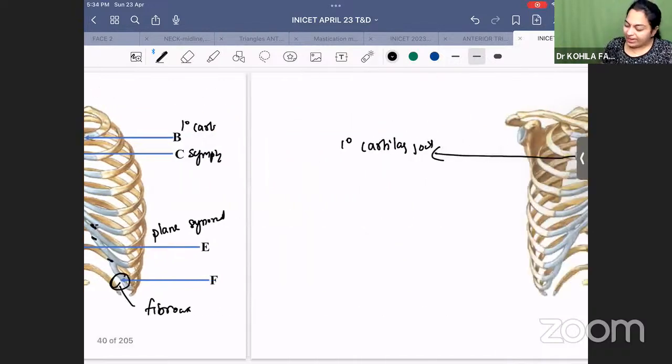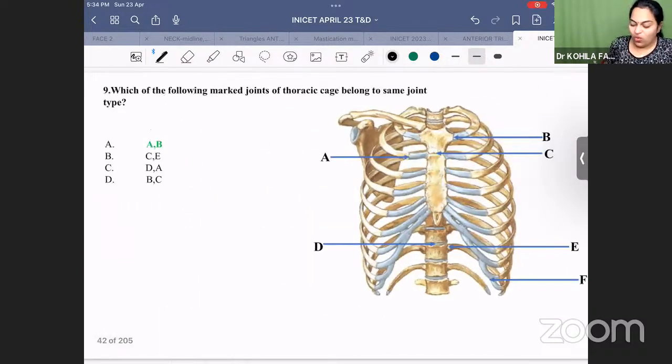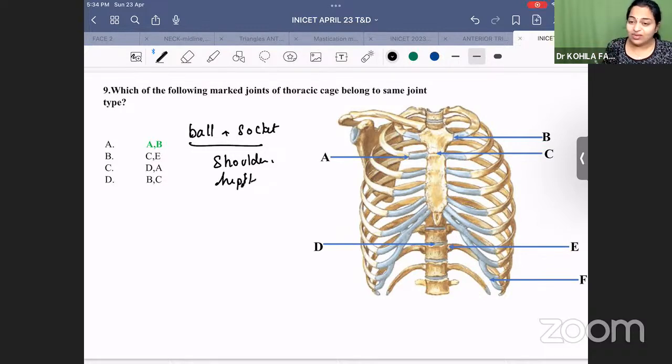Now, can we quickly revise what you know? What are the ball and socket joints in the human body? Can you tell me? Easy? Yeah? You'll tell me shoulder joint. You'll tell me hip joint. Then, within the ear, between the ossicles, you get any ball and socket joint? Between incus and stapes, right?